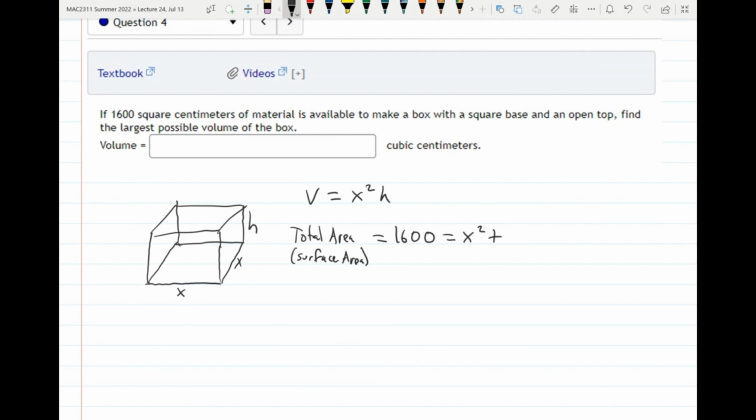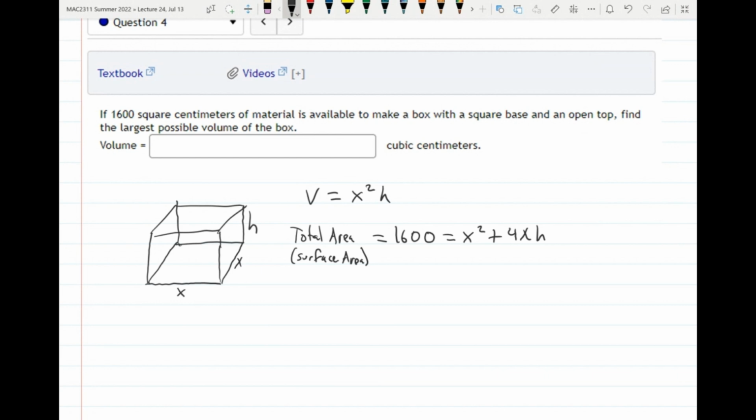How many faces do we have? 4. The box has 1, 2, 3, 4. Right? So there are 4 faces, and they are all the same, right? So what are the dimensions? They are rectangles x by h. So that's 4 times xh. Do you understand this so far?